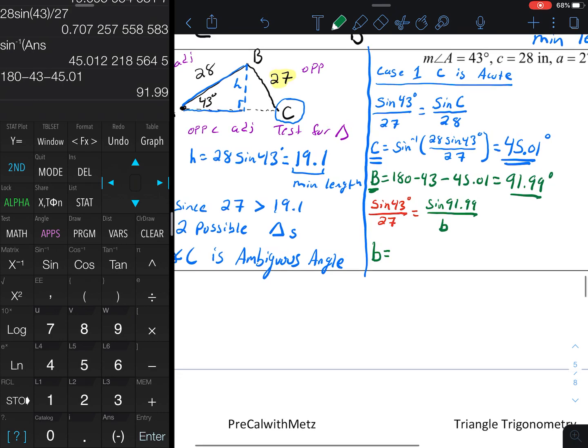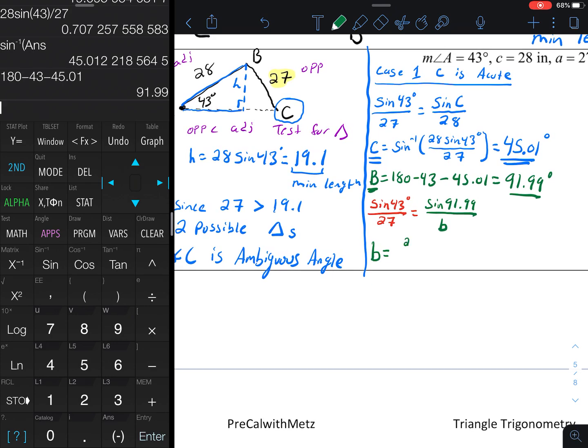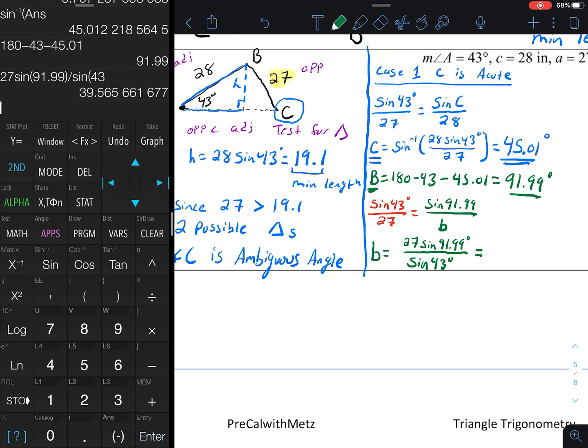It would be 27 times sine of 91.99 degrees, divided by sine of 43 degrees. That would give me side B. So 27 sine 91.99 divided by sine of 43 is 39.57.